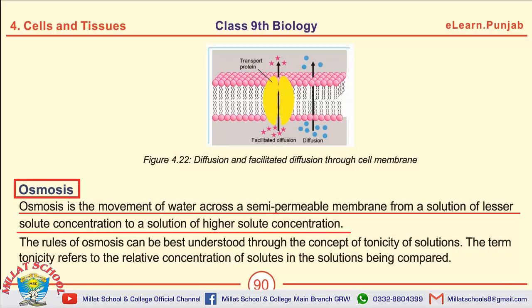The MCQs may be from the definition of osmosis. The other one is about the tonicity. The term tonicity refers to the relative concentration of solutes in the solution being compared.